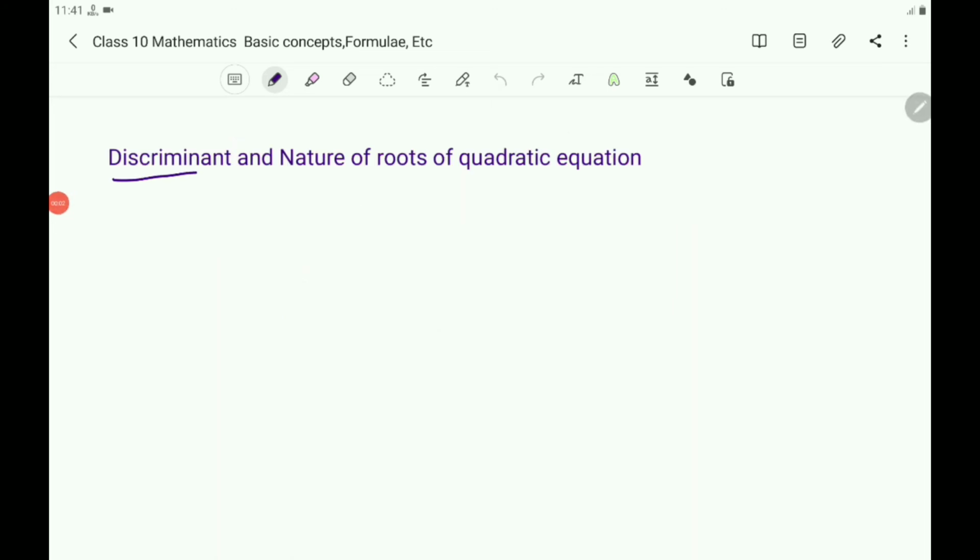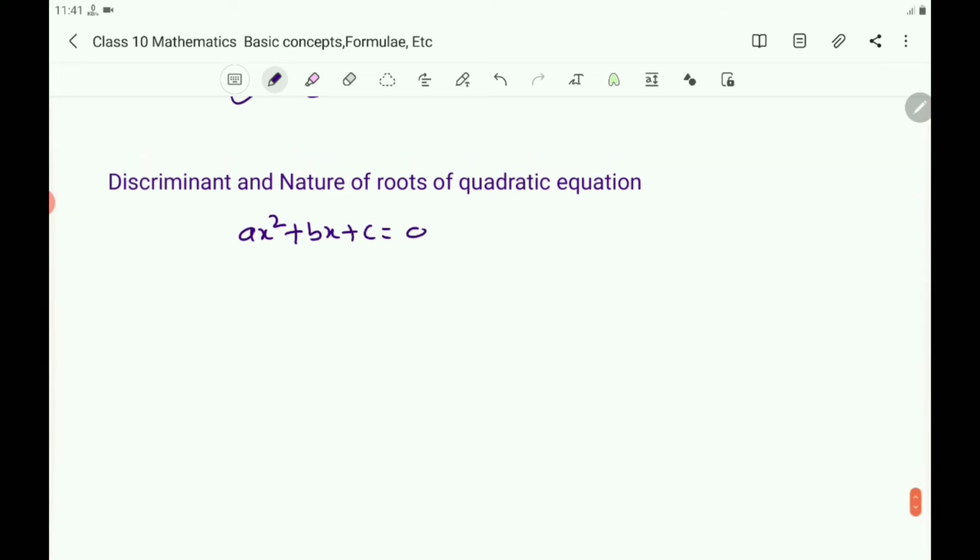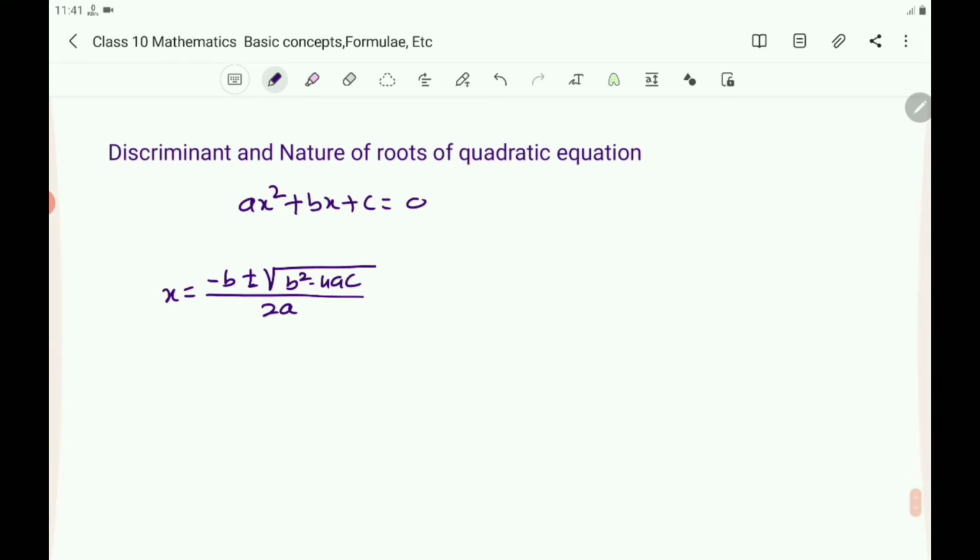Now about the discriminant and nature of roots of a quadratic equation. You know the standard form of the quadratic equation is ax square plus bx plus c equals 0. Its roots are x equals minus b plus or minus root of b square minus 4ac, by 2a.